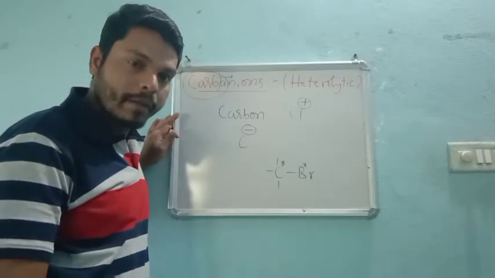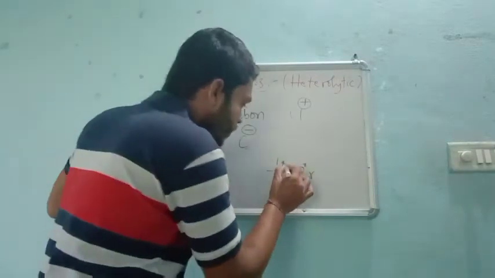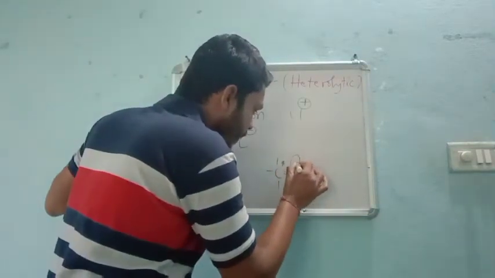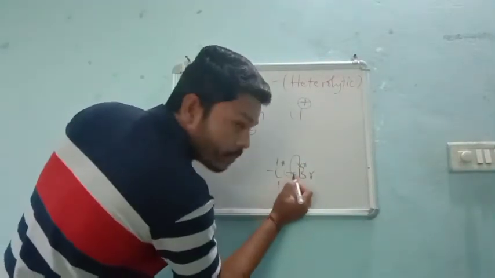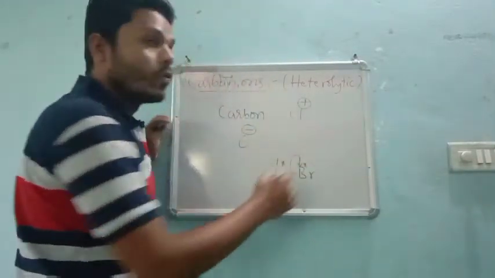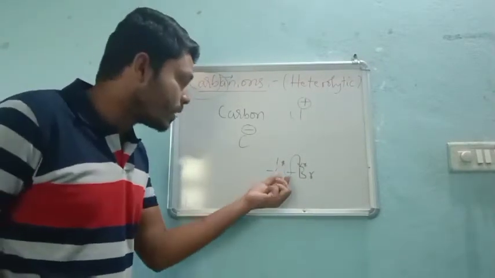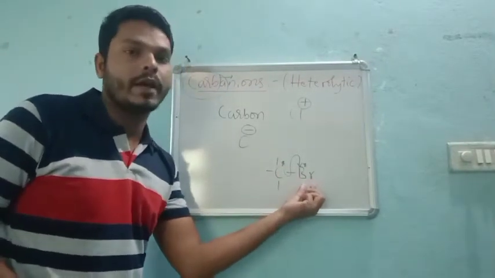So that's why what happened in the last class is that all the electrons involved in this bond formation move towards the bromine. Why? Because it is the more electronegative atom.